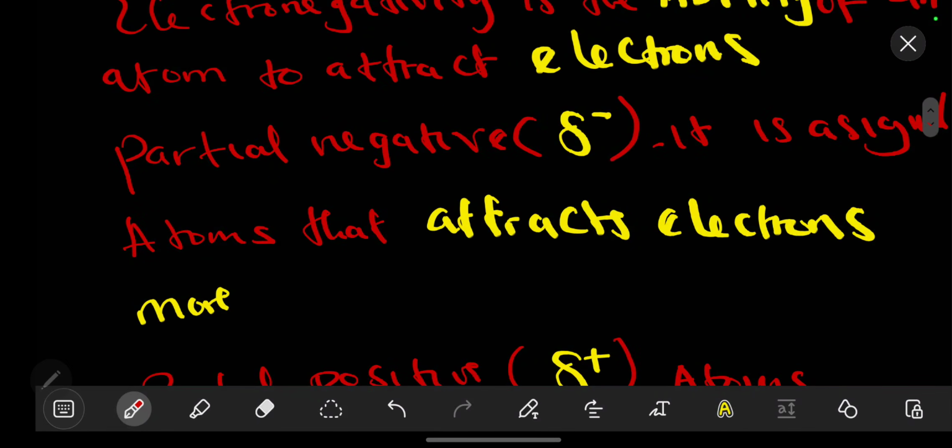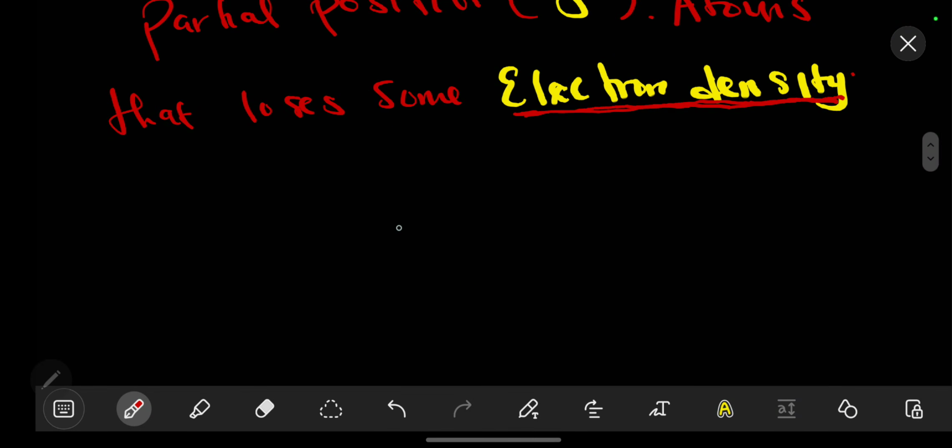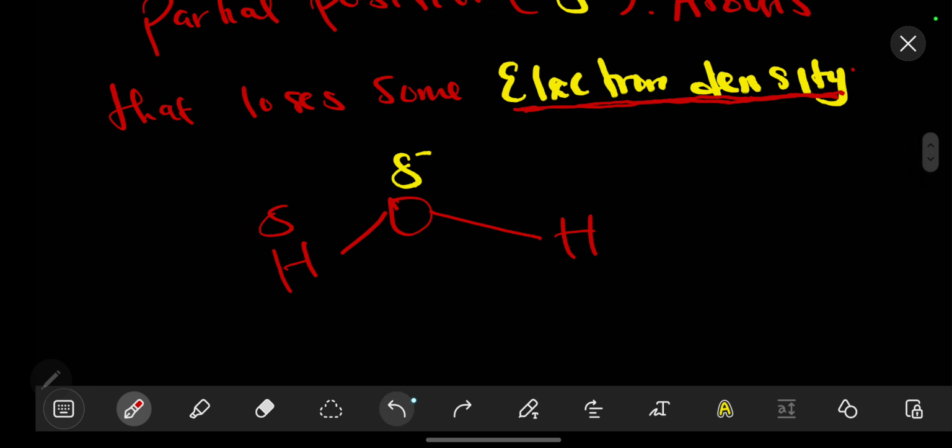So partial negative is assigned to atoms that attract electrons more. In our example for water, oxygen is more partial negative, meaning it has the tendency of attracting more electrons towards itself. Hydrogen will have a partial positive.